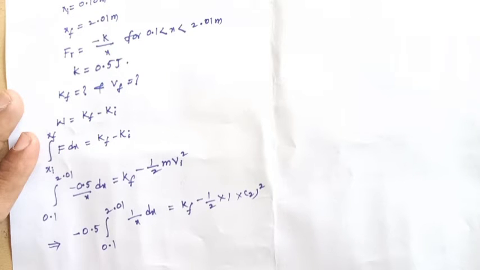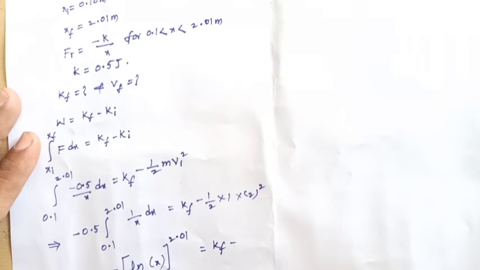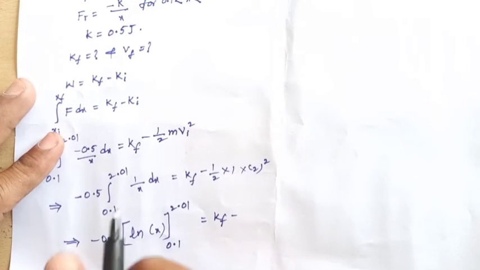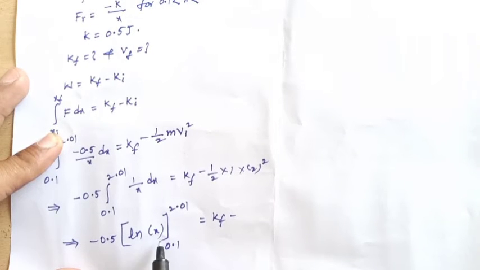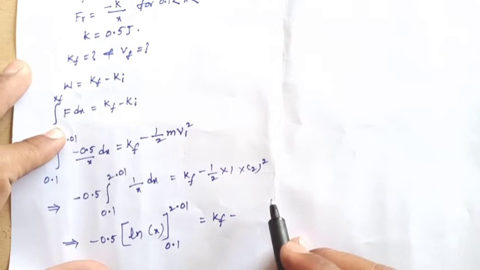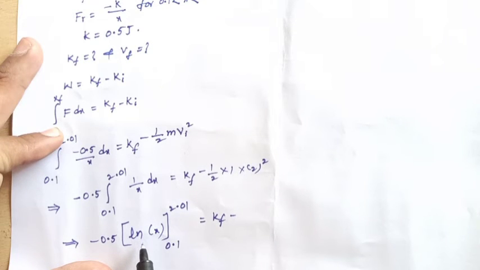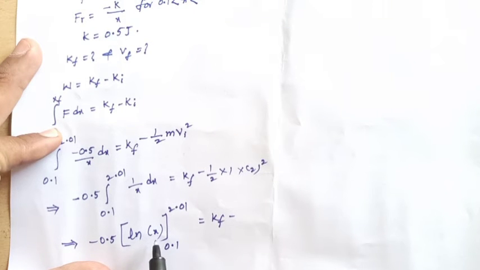So minus 0.5 times the integration of 1 by x, which is ln x, with limits 0.1 to 2.01, equals Kf minus 2. The integration of 1 by x dx is the natural logarithm, ln of x, which is taken with base e, whereas log is taken with base 10.